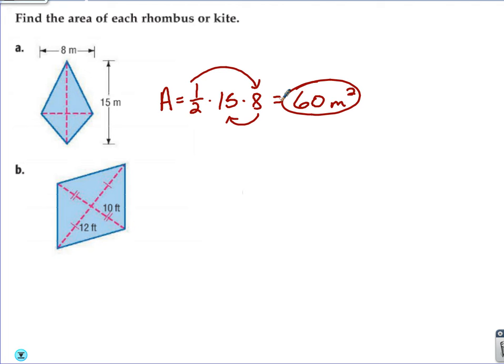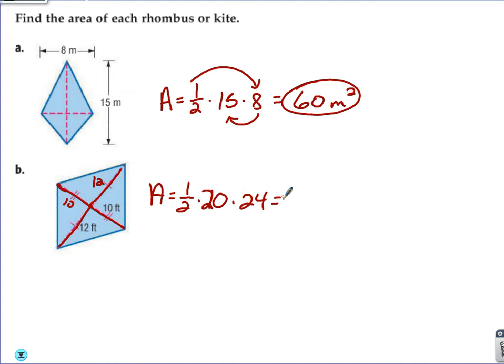The second one, they're giving you that this is 10. And I hate that they even told you that they're the same. I wish they hadn't, because you should have known that from last chapter. If that's 10, then that means this is 10. If this is 12, that means this is 12. So area is equal to 1/2 diagonal 1, which is 20, times diagonal 2, which is 24.